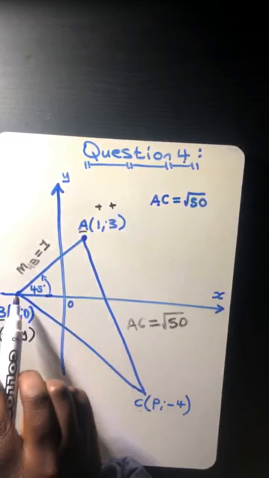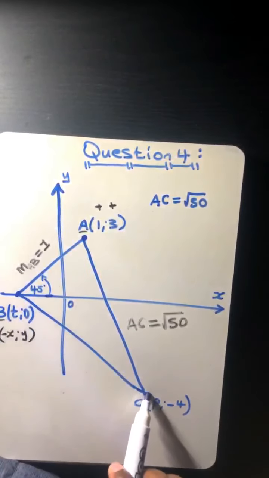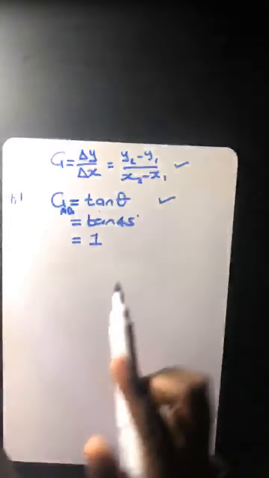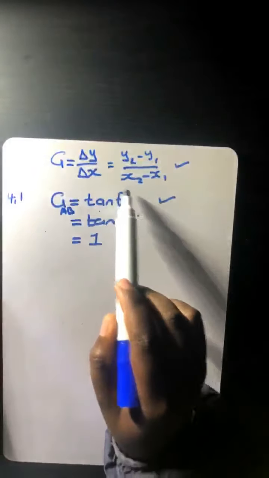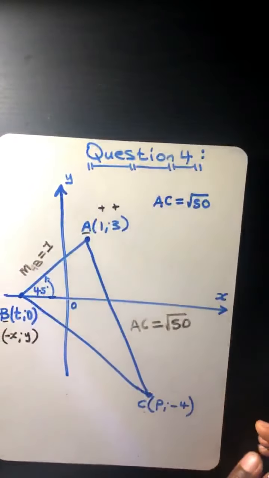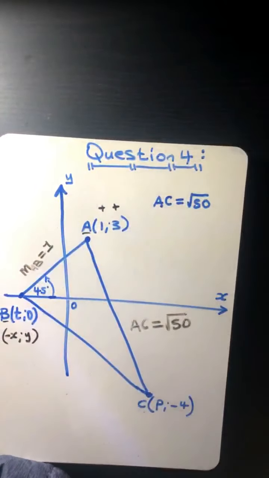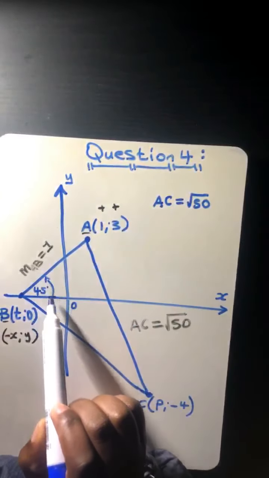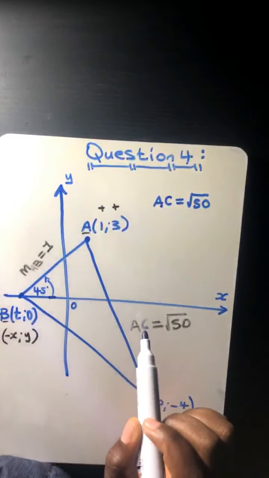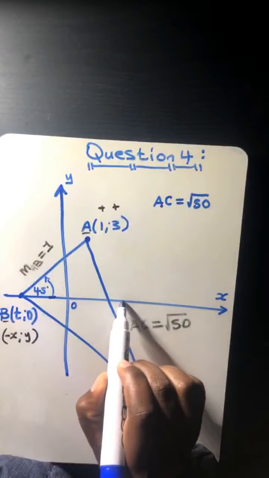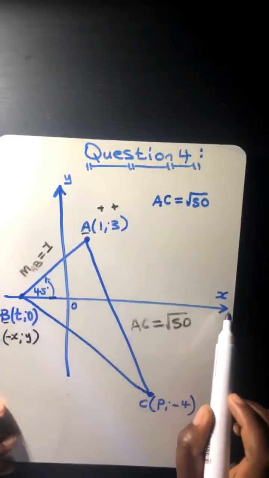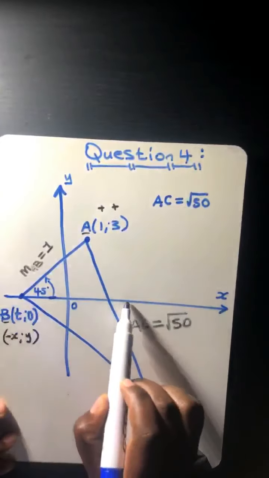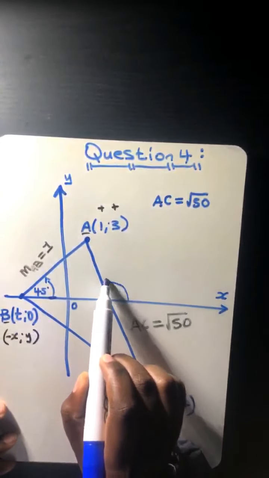If you have B there and you have C there, this is what I would do. I would firstly write that equation and again write that equation over there. But in this case, you cannot use this angle, because you normally use this angle if it's an angle formed from this line, an angle starting from the x-axis and going up to the line.